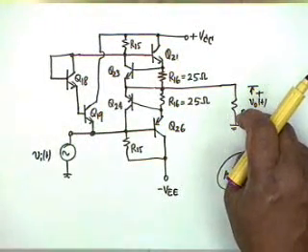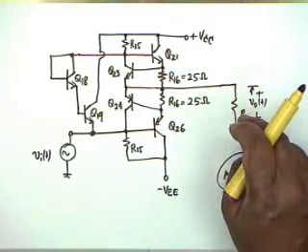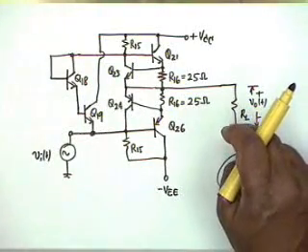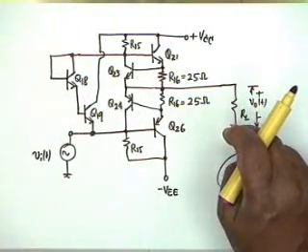Now, therefore Q21 will draw a large current and it might go into the breakdown region, we don't know what the VCC supply is, or it might get so saturated that it is difficult for it to come out of saturation.